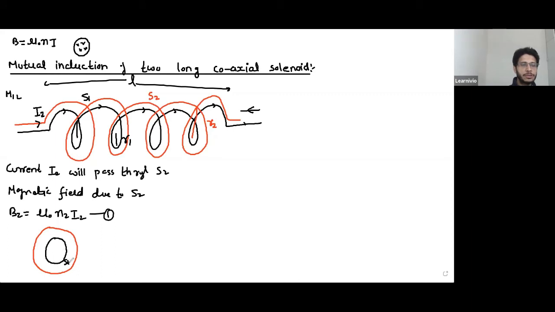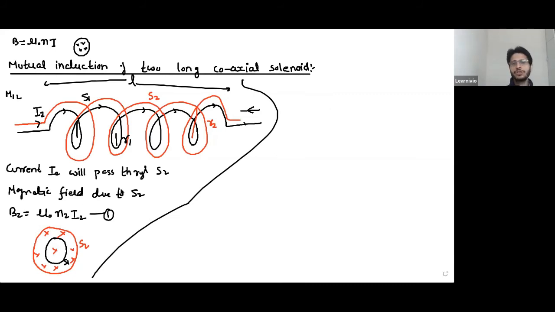That's S1 and this is S2. When you pass current through S2, this S2 will generate some magnetic field. Throughout inside S2 you will have some magnetic field. So this B2 is mu naught N2 I2.